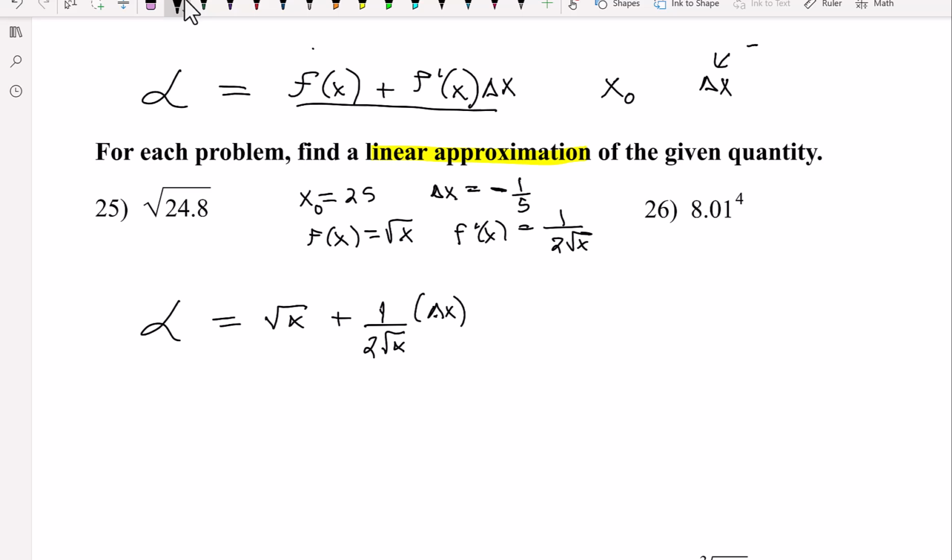All right, so now we can plug all those values in. Square root of 25 plus 1 over 2 times the square root of 25 times negative 1/5.